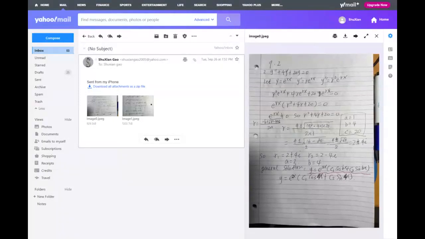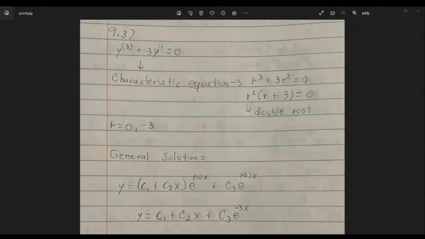All right, let's see. Who's 9.3? Anybody present 9.3? No, I will. Okay. Oh, Moses, okay. Can you see it? Not yet. I still see Shuxian's work up. Let me see if I can.